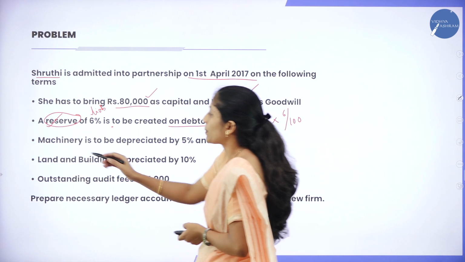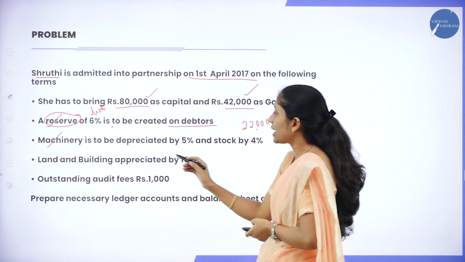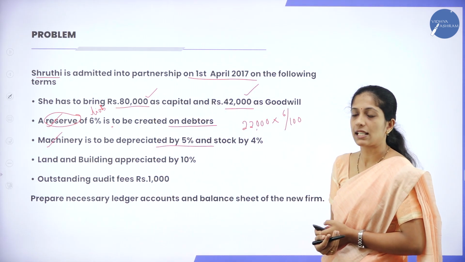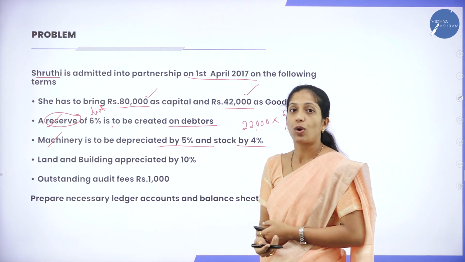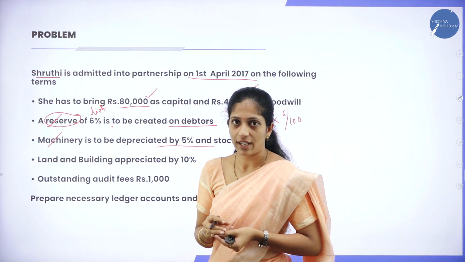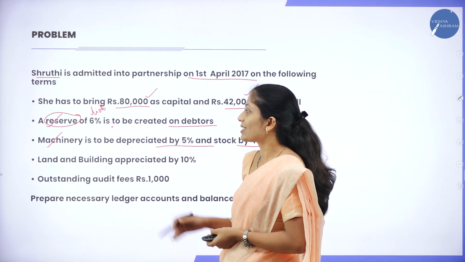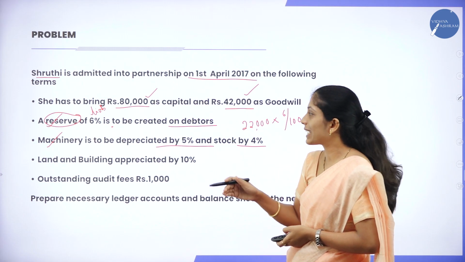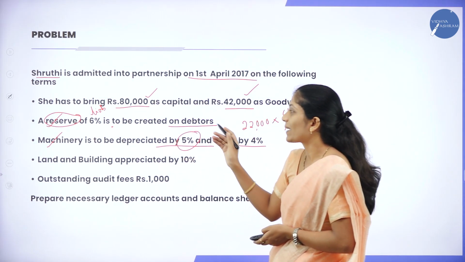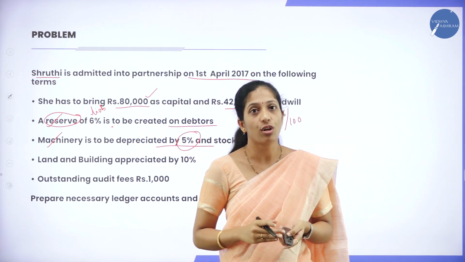Next, coming to the next one. Machinery is to be depreciated by 5% and stock by 4%. Now, depreciation means what? Decrease in the value of asset, right? So here machinery is an asset. So the value of machinery has been decreased by 5%. So we have to calculate depreciation on machinery.